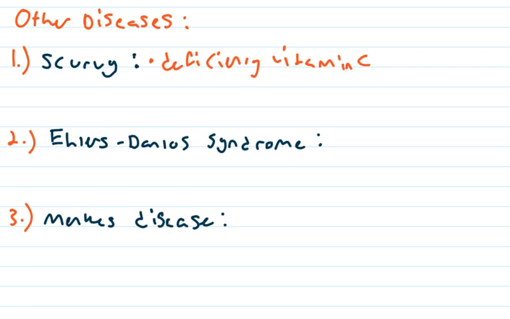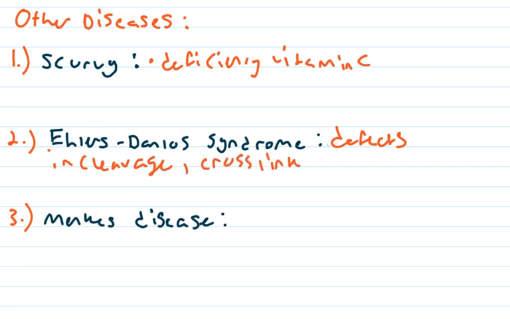The next disease we're going to talk about is Ehlers-Danlos syndrome, which arises from defects in the cleavage of the procollagen into tropocollagen and cross-linking of tropocollagen.